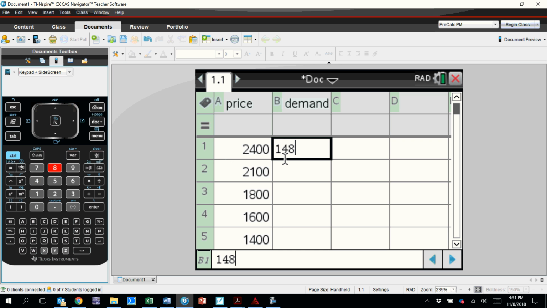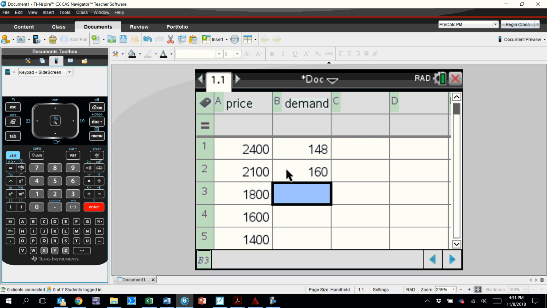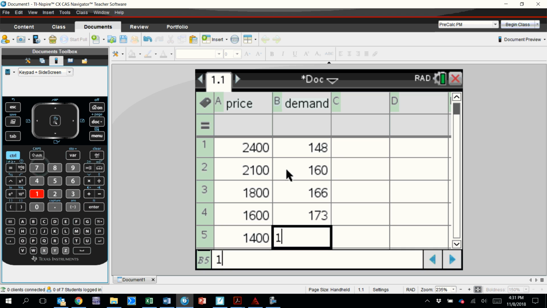So this is the price of computers, and then the demand that you will have for that price of computer. So again, this is just the table that you have right there in your notes. Type all of this in, and there you have it. Then remember, hit pause if you're still entering, and then start it again.